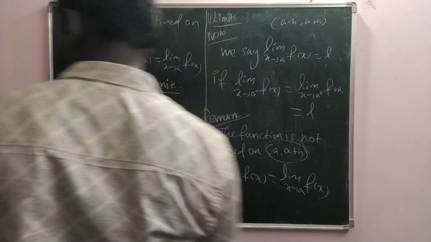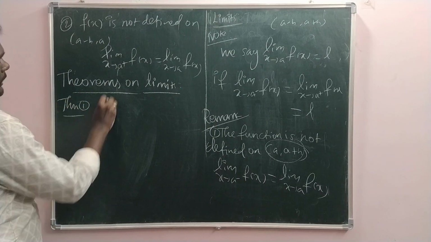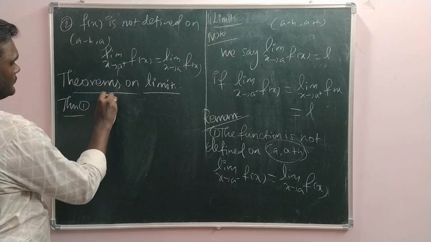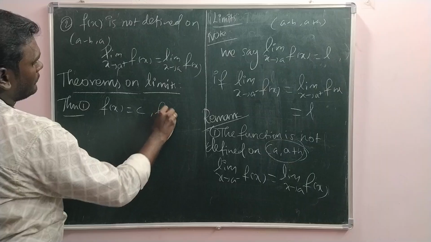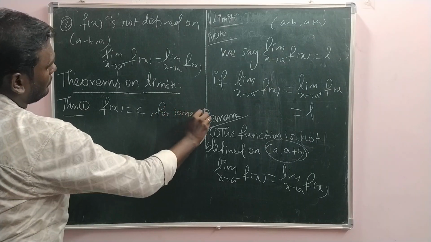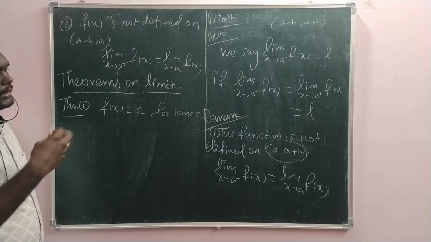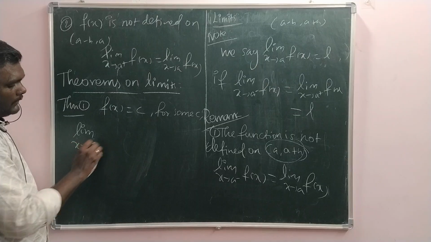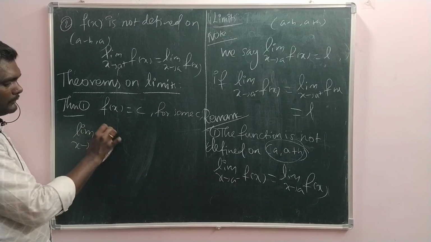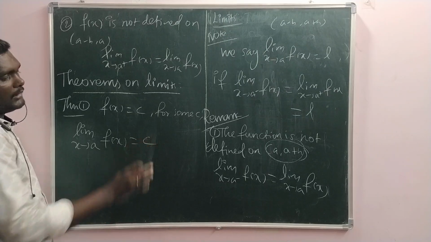Theorem 1. You heard about the constant function? Whatever the value it is, the limit as x tends to a, where a could be any value, of f of x will go to c only, and no other point.